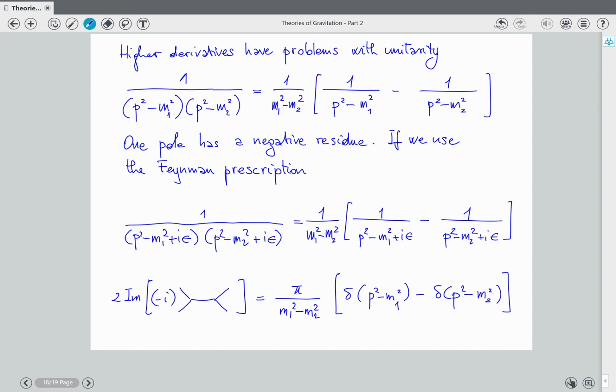Okay, so if you use this propagator, you violate unitarity. It is not non-negative.